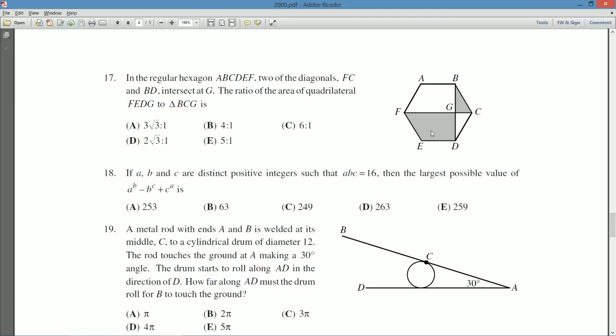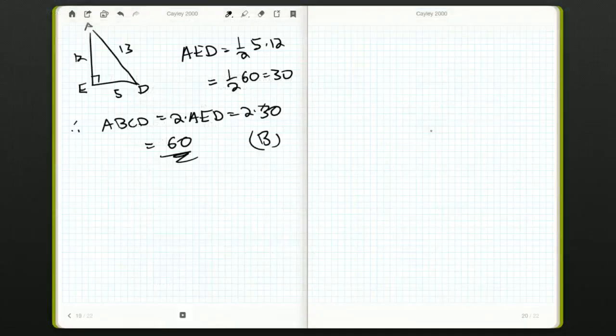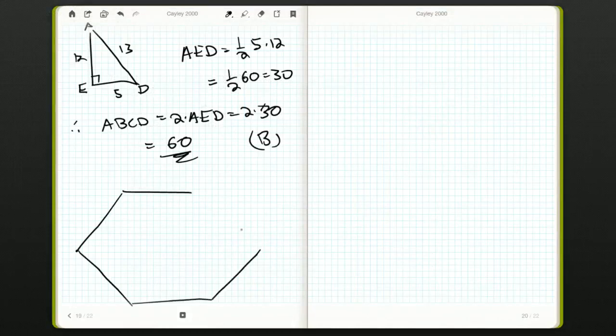I think it's time to draw a picture and see what we can see. So, let's draw ourselves a little copy of the hexagon. That's not the most regular hexagon, but it'll do.